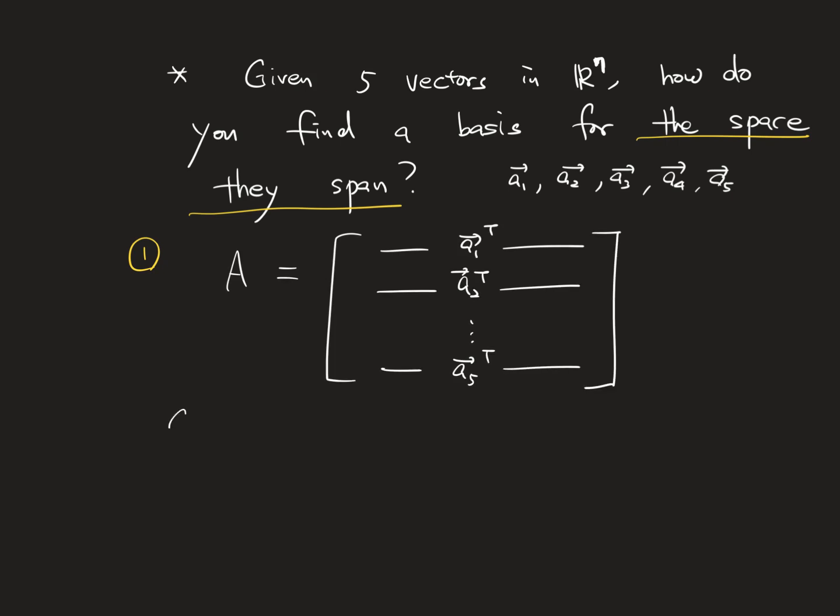And after Gaussian elimination, we see the non-zero rows.